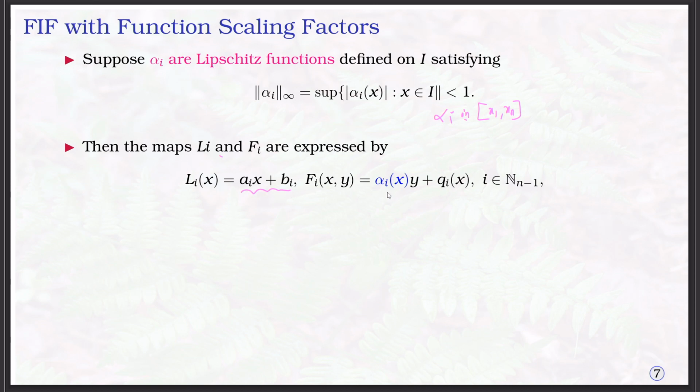Now in the previous equation, instead of alpha I times y plus qi of x, we are replacing this alpha I with this function scaling. This alpha I controls the data in the vertical direction.